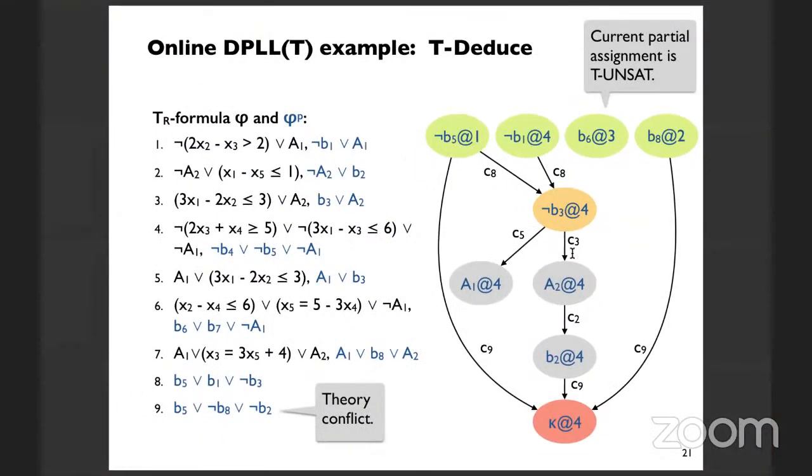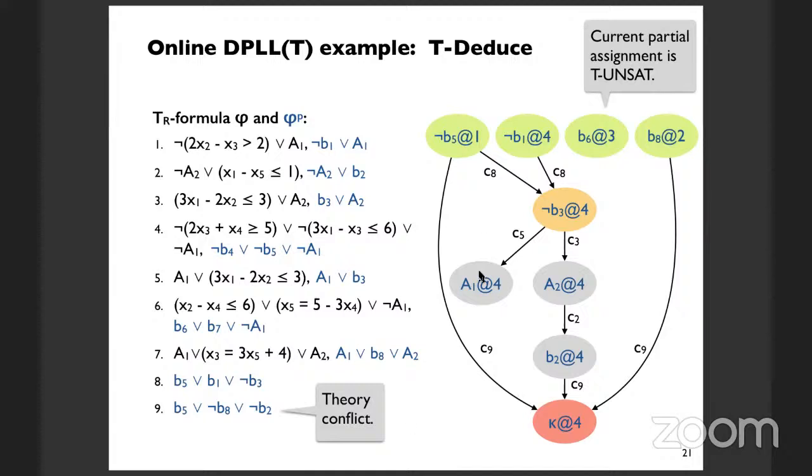And then once you have the detection of whether there is a conflict or not, this conflict is not exactly at the propositional level. It is actually once B2 gets implied at the propositional level, there is a theory conflict.